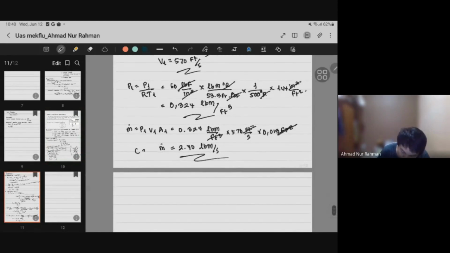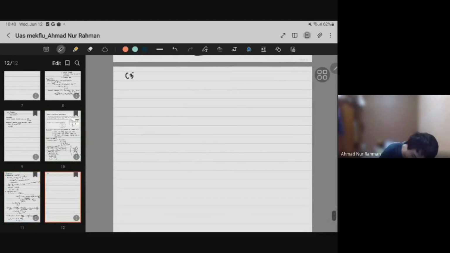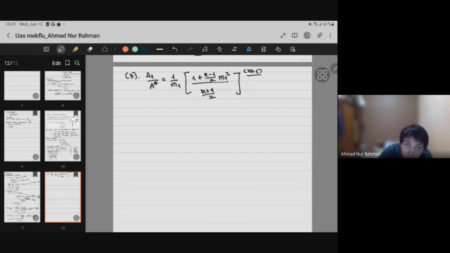So this is number 1. This is number 2. Now this is number 3 problem. From the equation that A over A star equals 1 over M1 times (1 plus (k minus 1) over 2 times M1 squared) to the power of (k plus 1) over 2(k minus 1), we can insert the data to solve the problem.